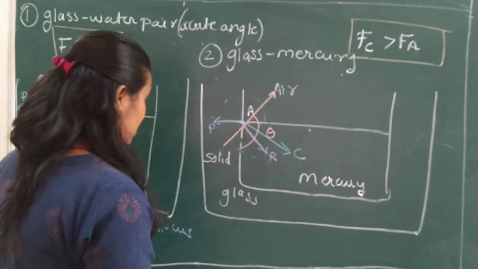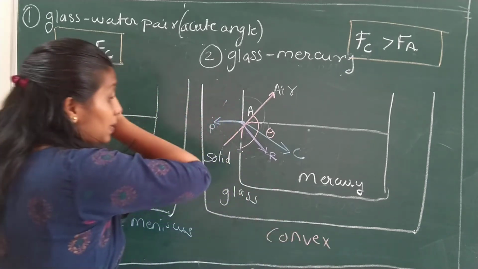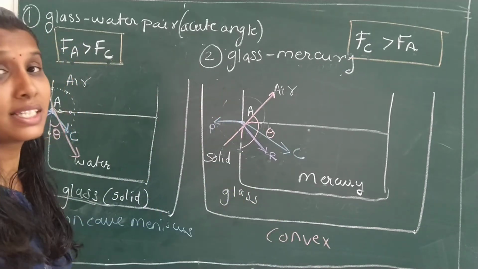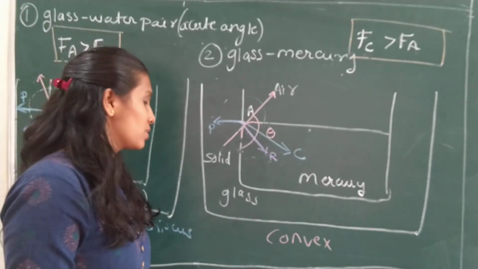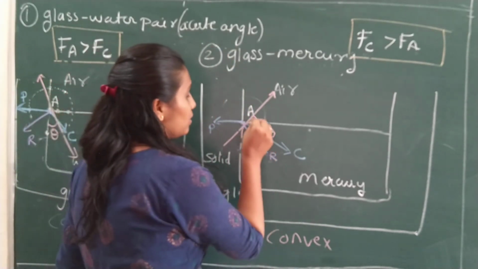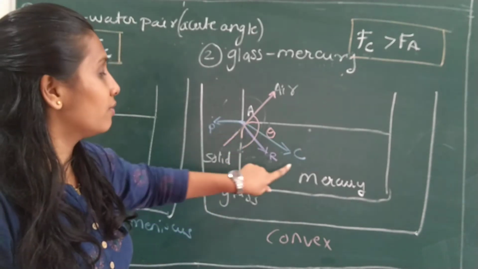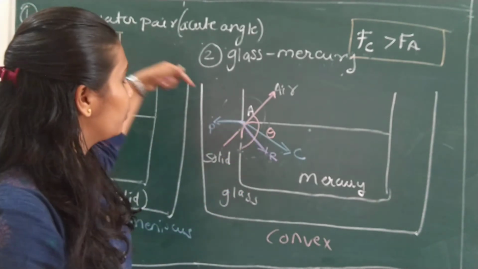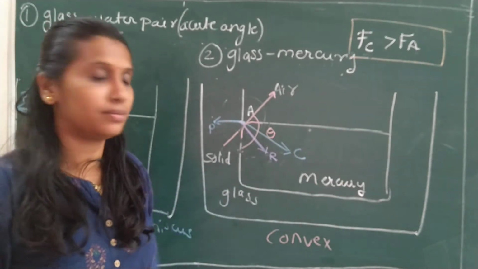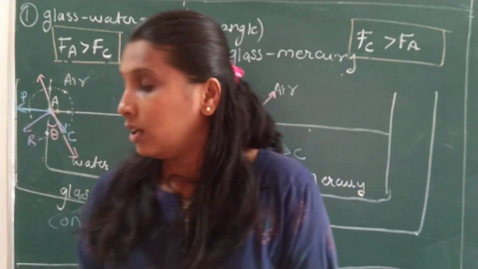Convex meniscus. The main reason is that in this case your cohesive force is greater than adhesive force. The molecules present at the corner, because of the greater cohesive force, will try to move inside the liquid. So this is how the meniscus works.